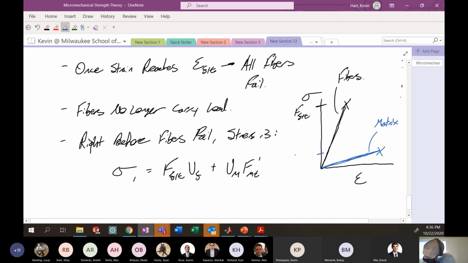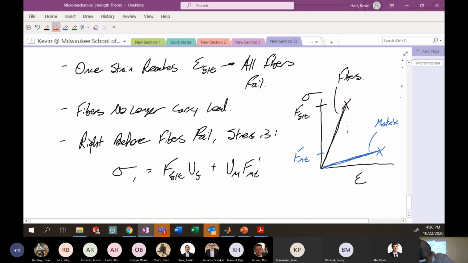Here, this value would be the strength of the matrix in tension. Now our composite is going to have a stiffness that's a combination of both the matrix and the fiber. So the stiffness is going to be somewhere between that of the fibers and the matrix, and we know that the composite will fail when the fibers fail.